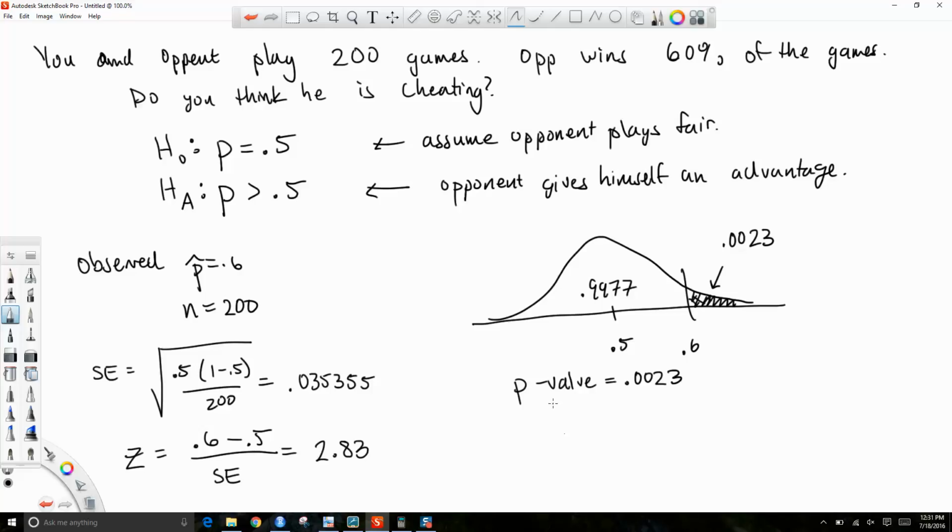Okay, so what does this p-value mean? It means, could the opponent win 60% of the games from fair play?